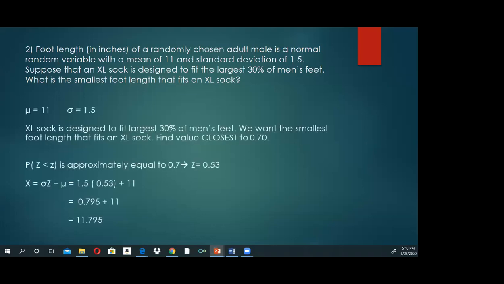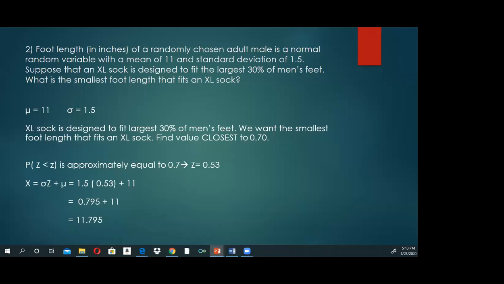The first thing we have to do is write down what we're given. How did we know that this was a backward problem? They gave us the percentage, they gave us the mean, they gave us the standard deviation, but they didn't give us the X value of interest.